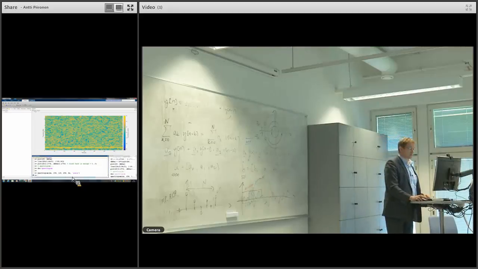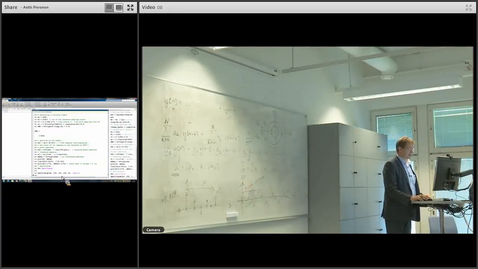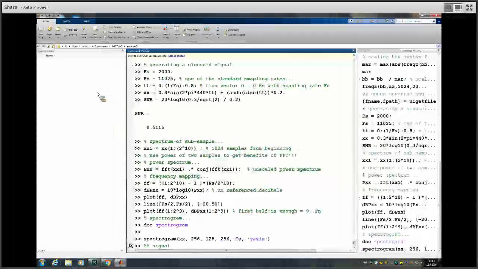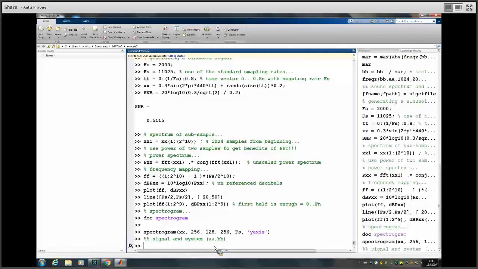Let's take a quick look at what happens to the signal in the system. We have the system which was defined by A and B, and this signal XX.